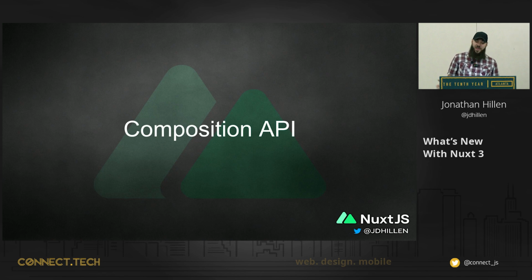So if you haven't looked into the composition API and all the benefits of that, I seriously would talk to some people around here. We've got a great Vue community here about the composition API and how those different features are superior to the options API.